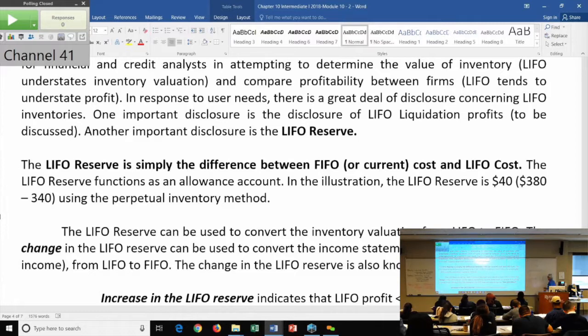All right, so right now you're managing your business under the FIFO method. So you're running inventories, we make sure you have the right numbers, would be 380, the cost of goods sold would be 220. To convert it to LIFO for financial statement purposes, you make this adjustment. The adjusting entry debits the cost of goods sold and credits the reserve.